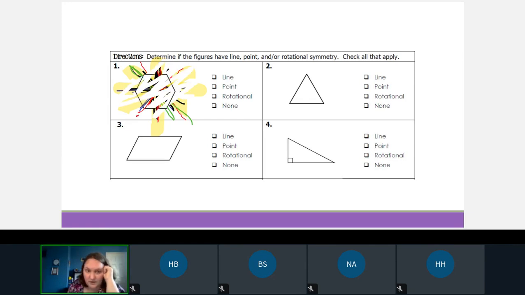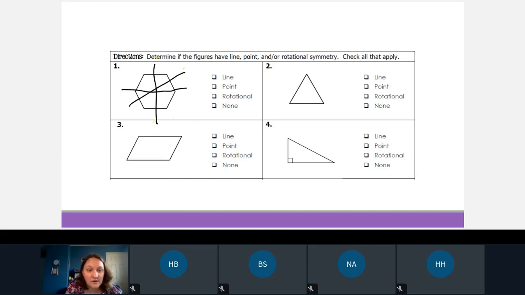Okay, so we said here and here and here and here. I'm missing a couple. Here's one and here's one. Wow, it has a lot of lines.